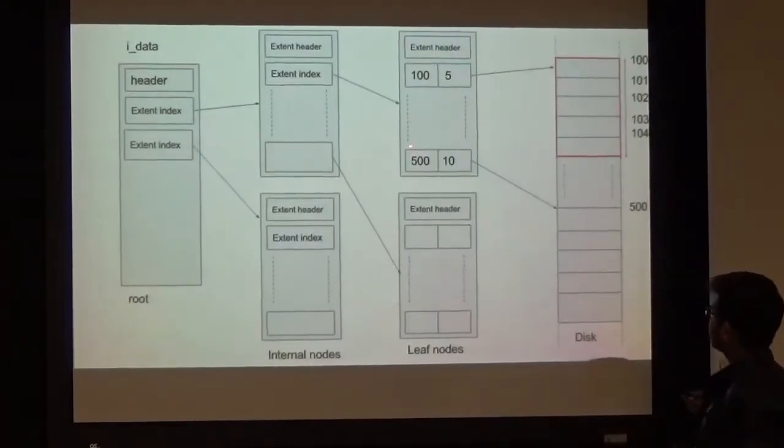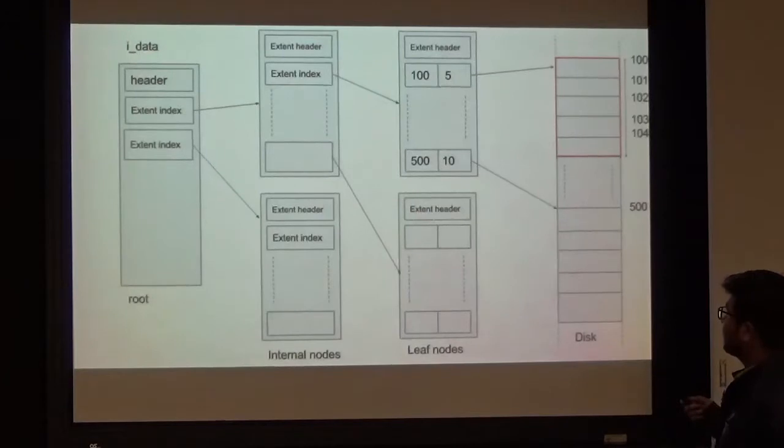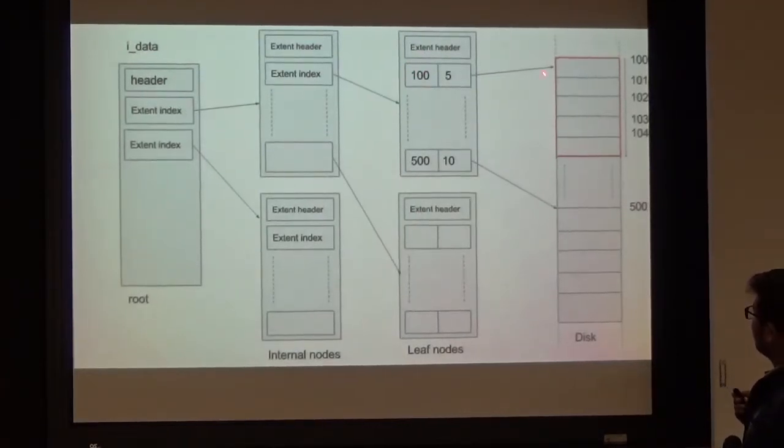So the extent structure is composed of two fields. One is, as I have already said, the initial address of the block, and the other is the count, which is the number of contiguous data blocks starting from 100 in this case.